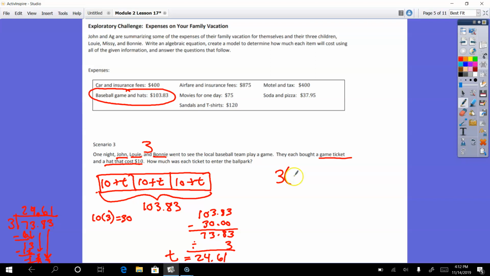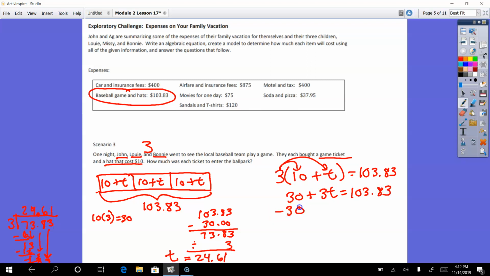Let's solve it algebraically. 3 times 10 plus t equals 103.83. 3 times 10 is 30. 3 times t is 3t equals 103.83.